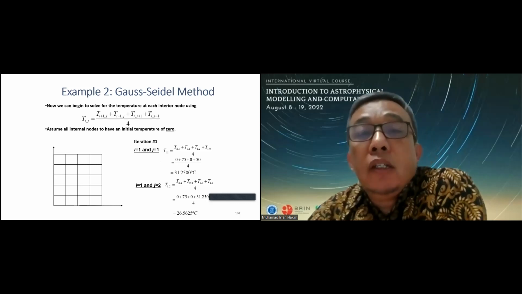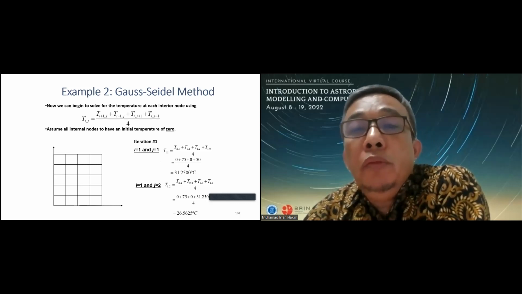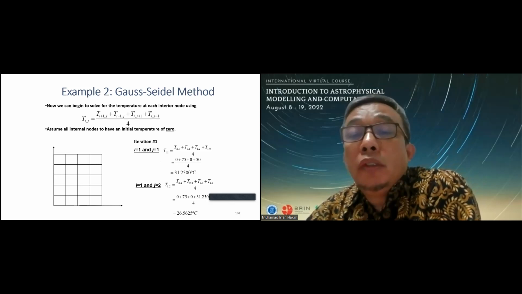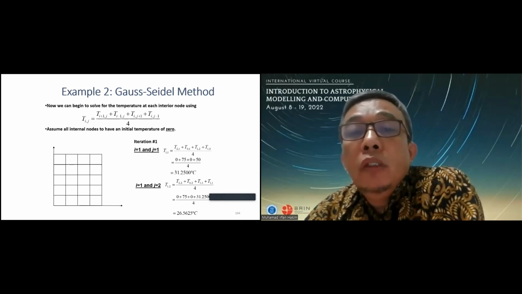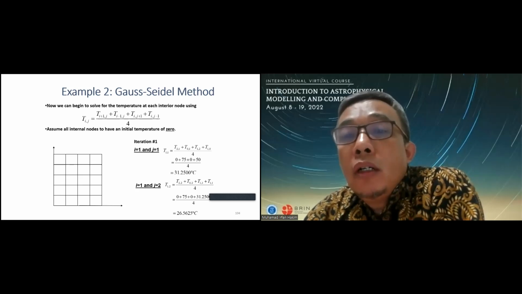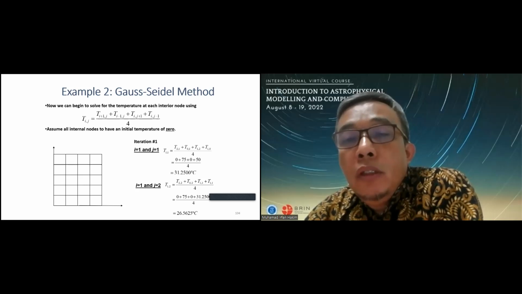So for doing this iterative method, we supply some initial values for the unknown values of the internal nodes. For example, here T2,1, we don't know this value, so we supply 0. Another is T12. So we have T11 here.